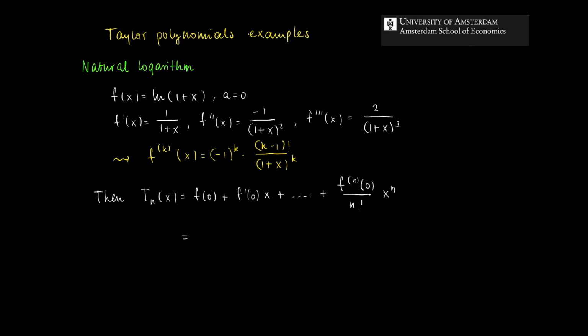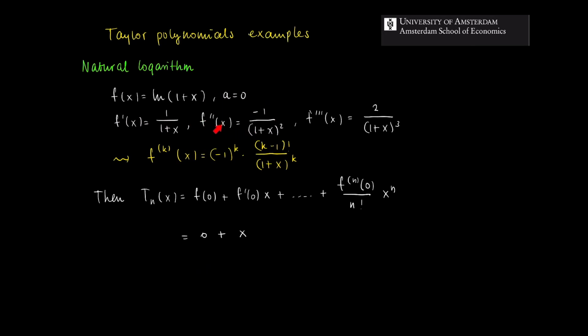Well, now just use the information that we put in here. So f at 0 is 0, right? And f prime at 0 is 1. So we get just x. And then the following term is x squared.